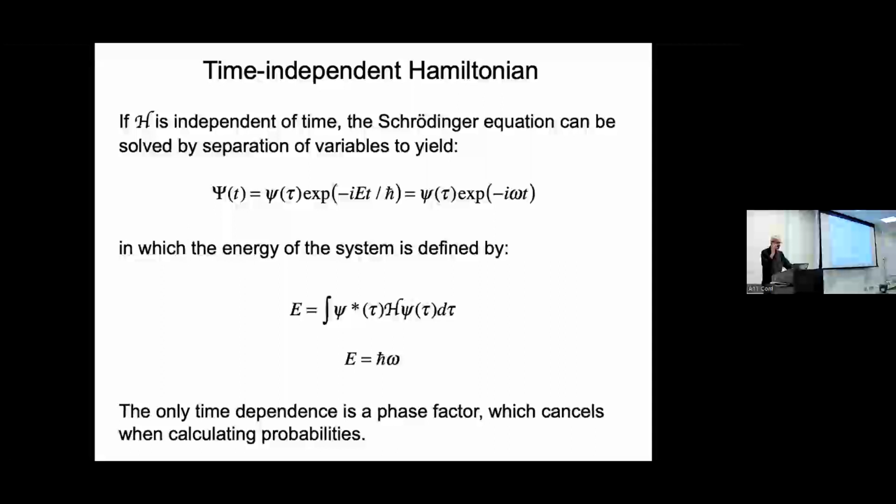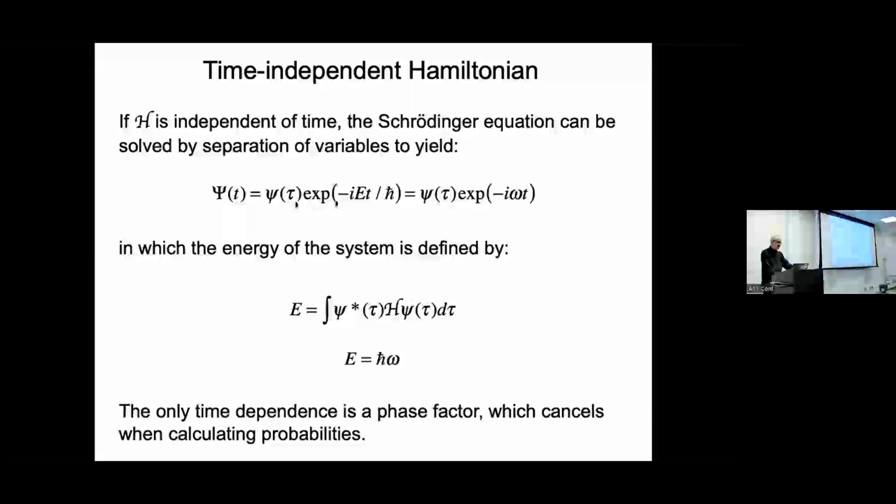And I'm going to tell you some facts. I don't want to derive a whole semester-long course in quantum mechanics here. If the Hamiltonian is independent of time, then we can solve the Schrodinger equation by a technique called separation of variables.